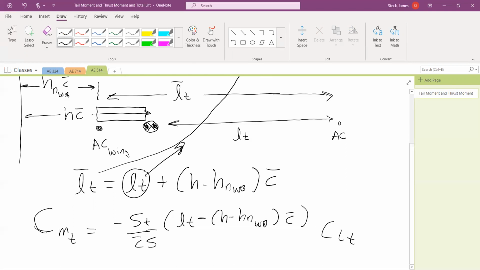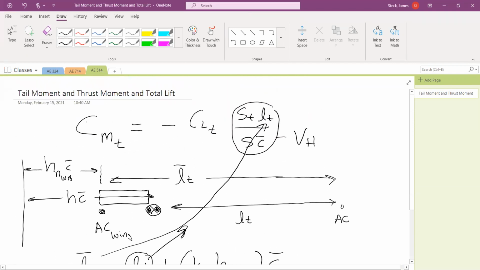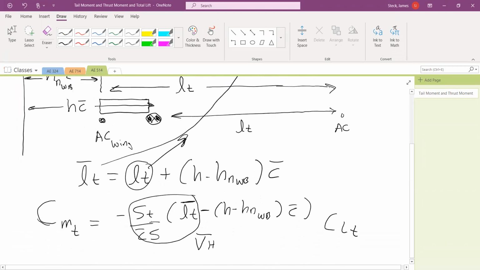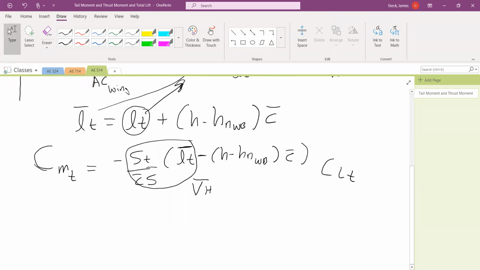So that gives us a new expression, and typically we will write this combination, get a bar here, and we'll call this VH bar. So up here, VH was that ratio in terms of LT, and down here, VH bar is that same ratio in terms of LT bar.